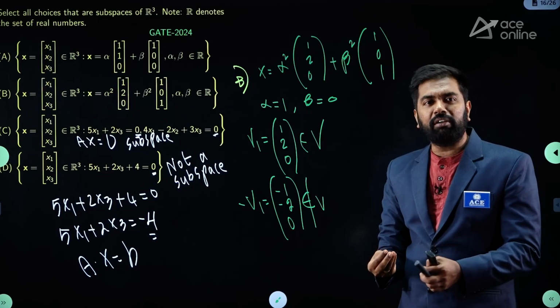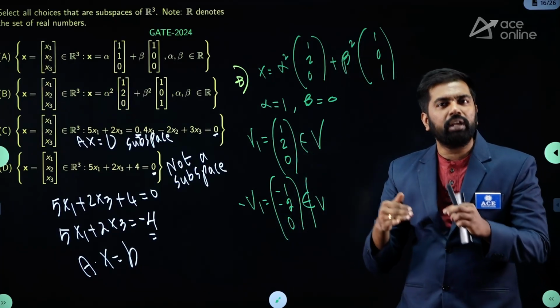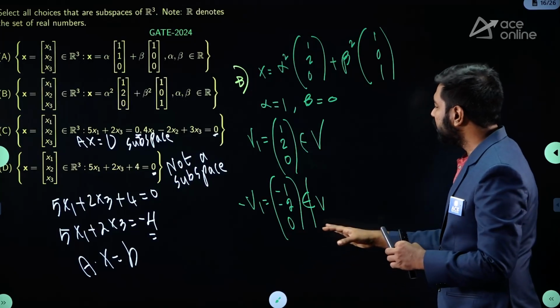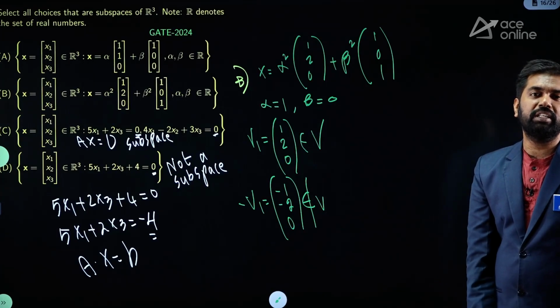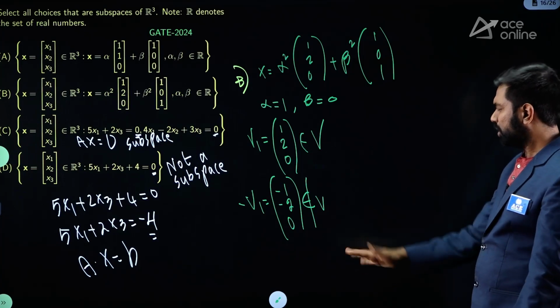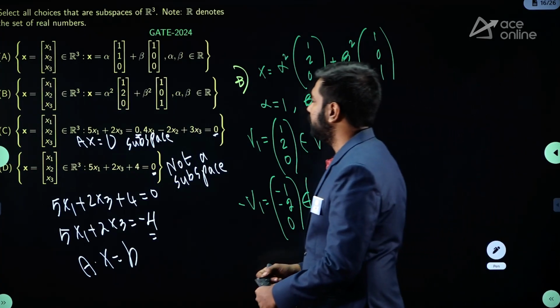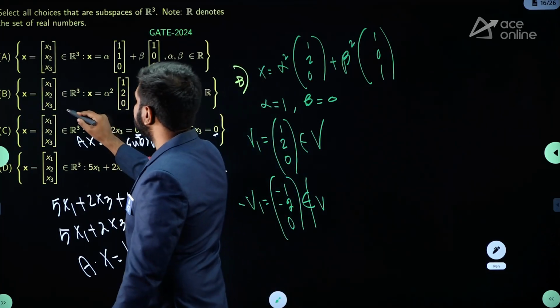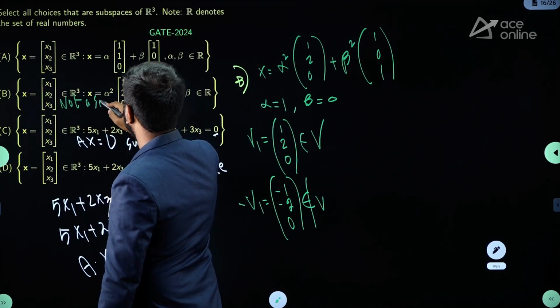When alpha and beta are real numbers, alpha square cannot be negative and beta square cannot be negative, so you cannot get minus v1 as part of the given set. That means it is not satisfying the properties of a subspace. Simple. Option B, not a subspace.